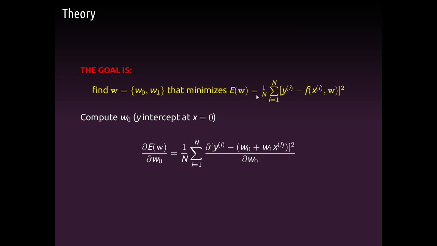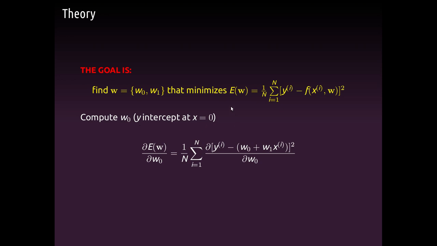So let's put it that way. We need to find the vector of coefficients, which in our case has only two coefficients, w0 and w1, such that we minimize this function. So let's firstly compute the first coefficient w0, which represents the intercept with axis y at x equals 0.